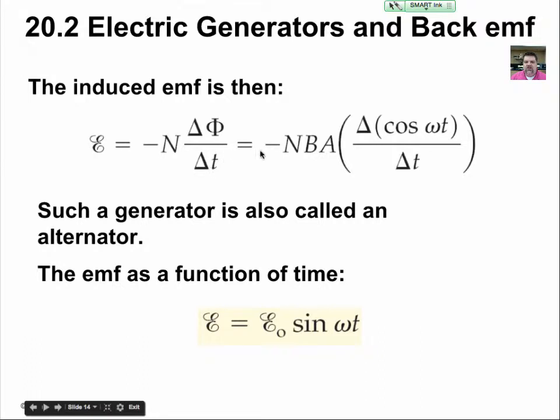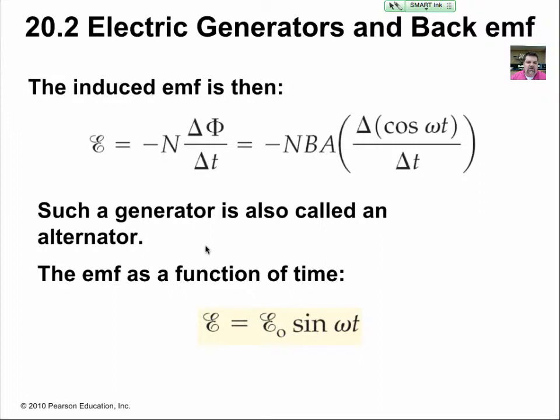And that's also equal to, because remember we can calculate the flux, negative N, the number of turns or loops, times the strength or magnitude of the magnetic field times the cross-sectional area, times delta cosine of omega t, all over time. And remember that omega represents the angular frequency. Such a generator is also called an alternator.